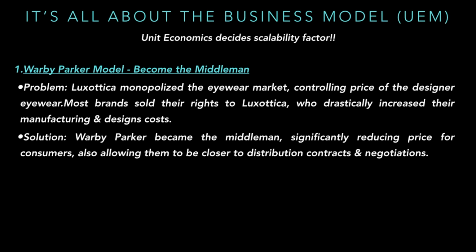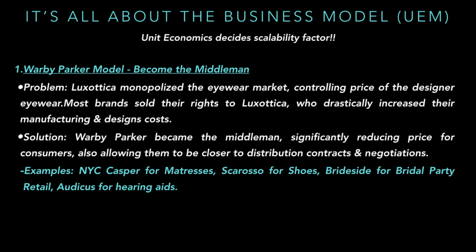Often, becoming the middleman is one of the very core ways of envisaging the entire business model, and that does wonders to your unit economics. There are various examples within businesses. Casper for mattresses is a great example where it leverages the Warby Parker model.